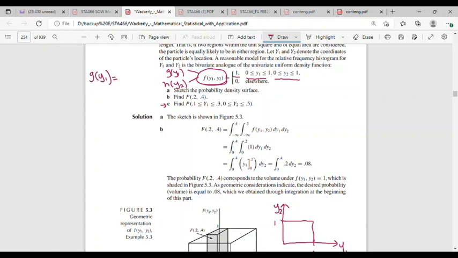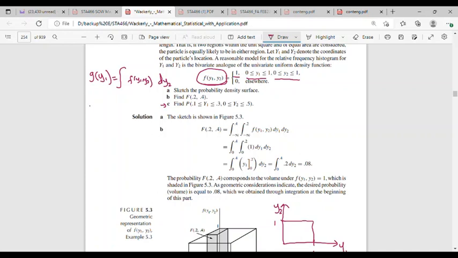So how to get this? Okay, we need to integrate the function, the joint function. Okay, I gotta move this back. We integrate the joint function with respect to y2. Kalau nak dapatkan marginal of y1, we need to integrate the joint PDF with respect to y2.